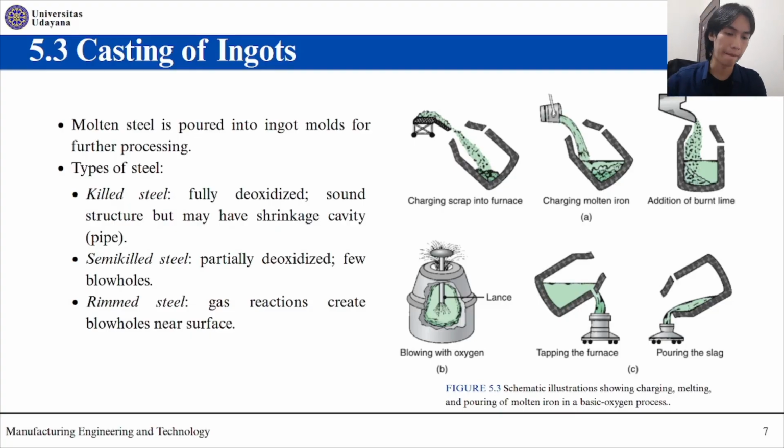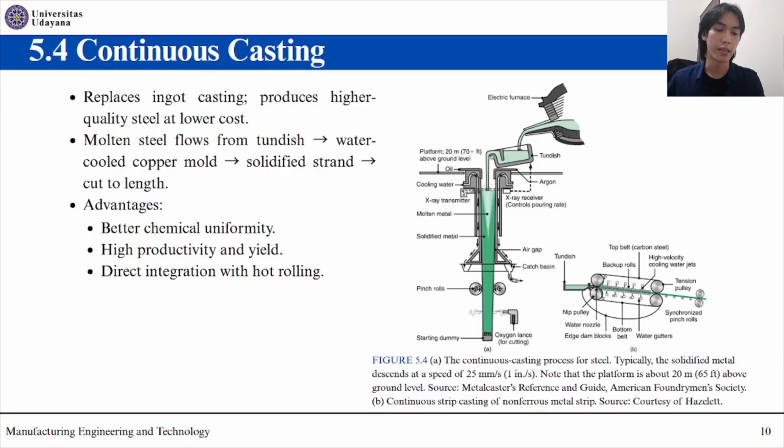Okay, next slide. Continuous casting. This is the step that follows ingot casting. This continuous casting process replaces traditional ingot casting to produce high quality steel at low cost. So this casting is cheap.